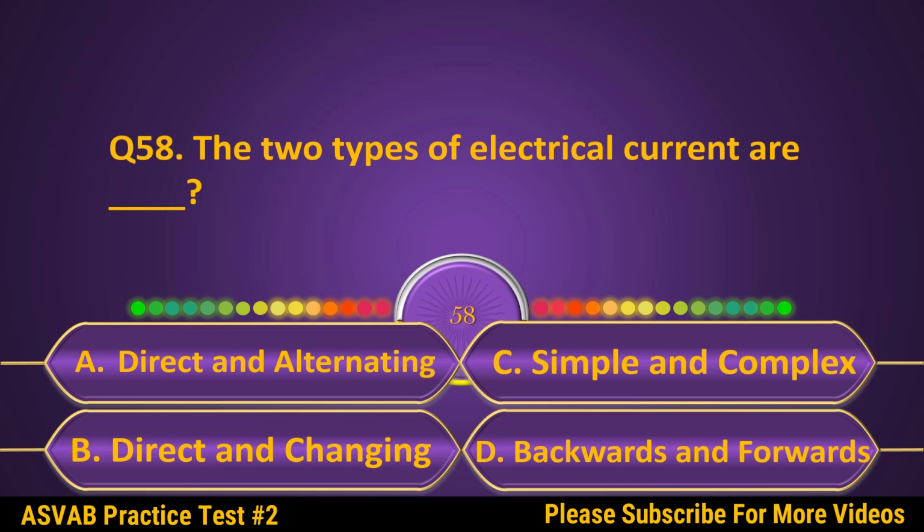Question number 58. The two types of electrical current are blank. The options are A. Direct and alternating, B. Direct and changing, C. Simple and complex, D. Backwards and forwards.